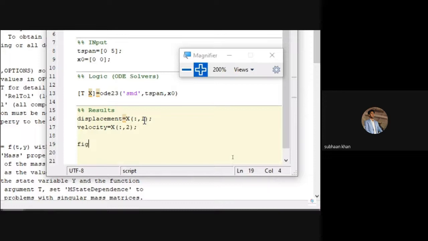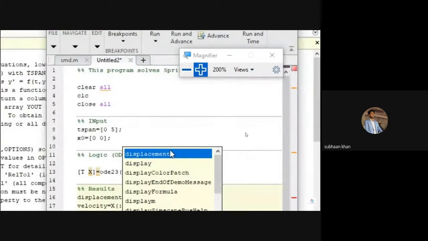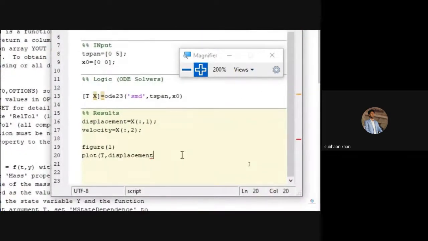Then I need to write figure number 1, which is going to plot T versus displacement.